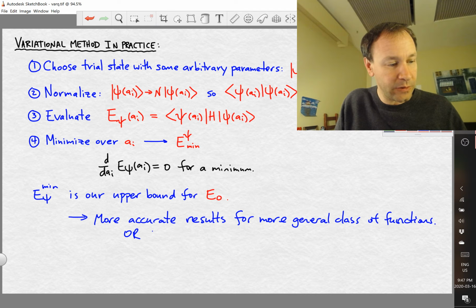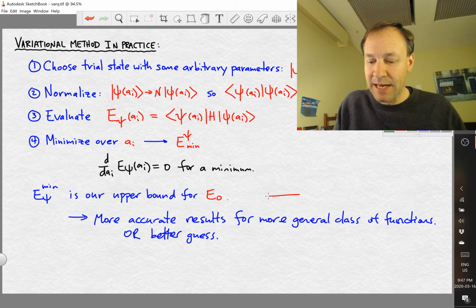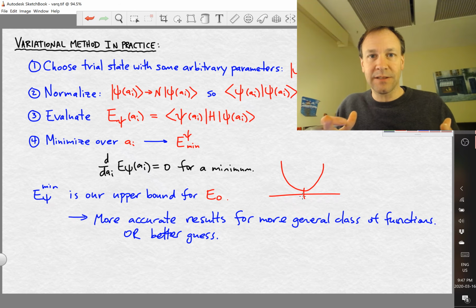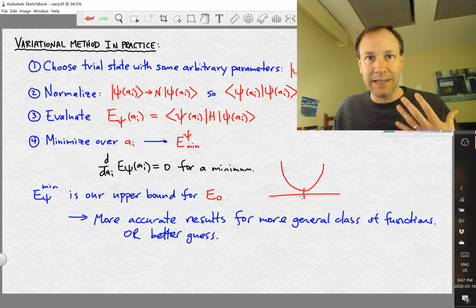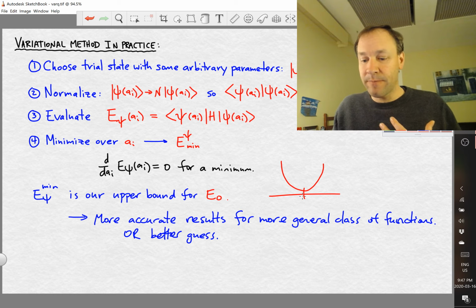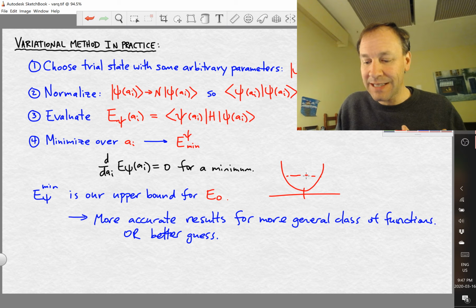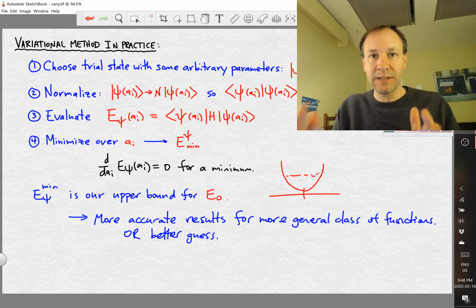So we also get more accurate results if we make a better guess. As a really simple example of that, if we think about the harmonic oscillator potential again, it's symmetrical left and right, so we might think that our function should be symmetrical. And as I said last time, classically the particle is confined to some region.